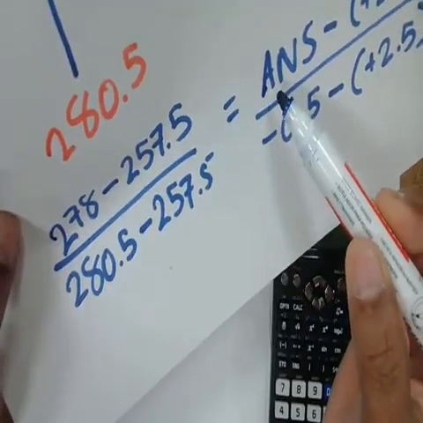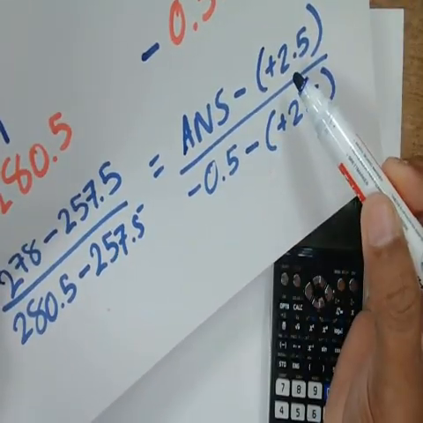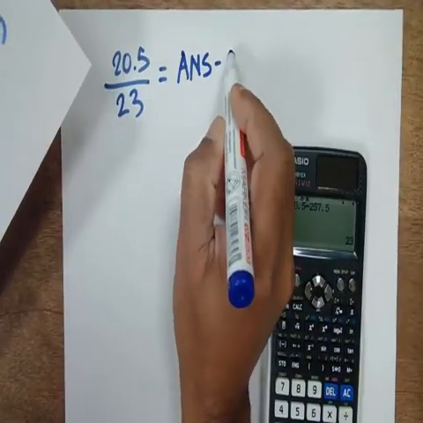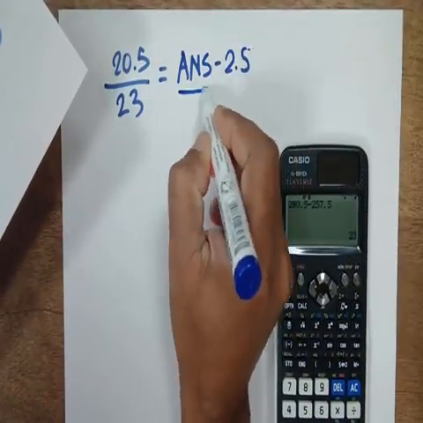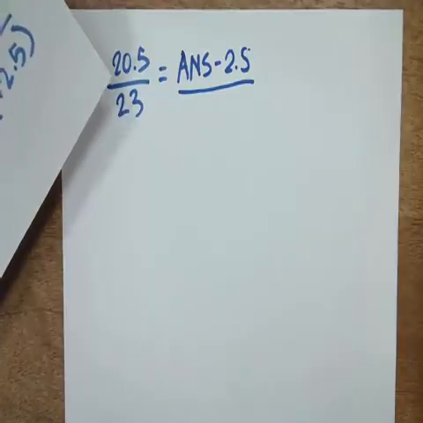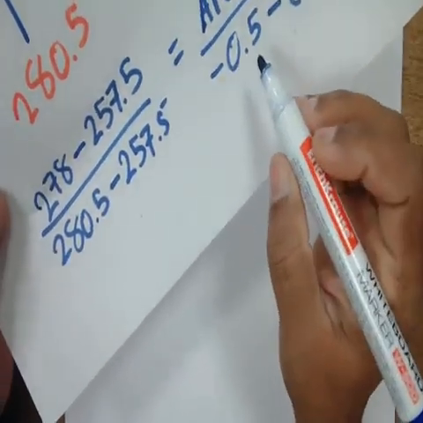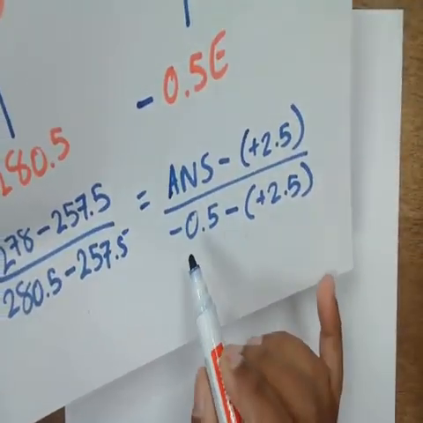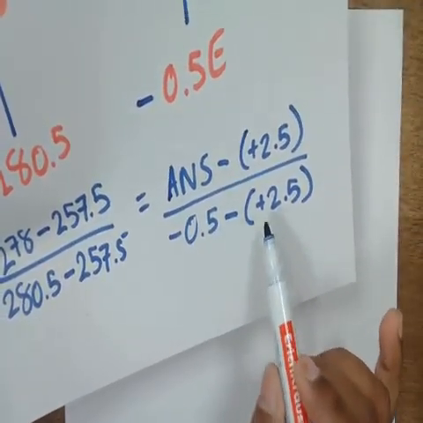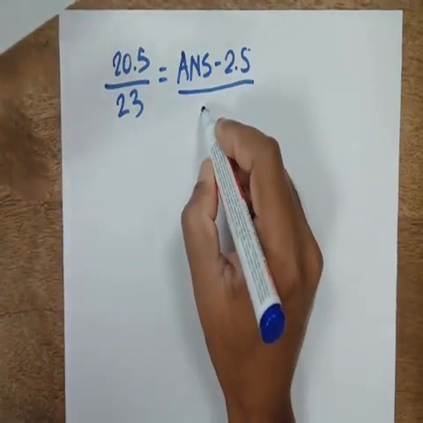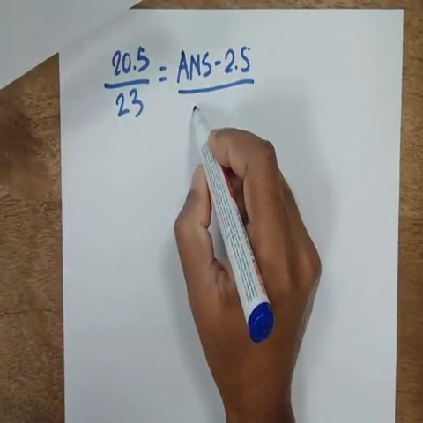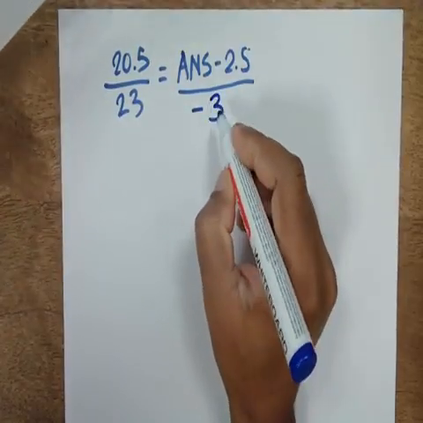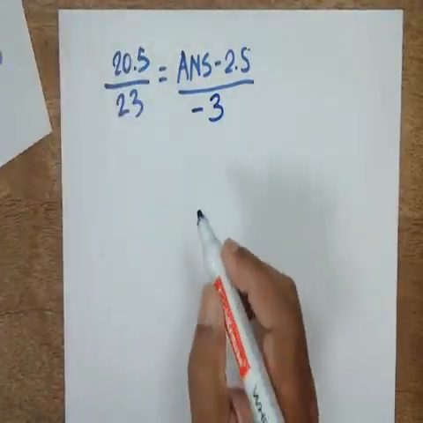Equals answer minus 2.5 divided by, here you can see minus 0.5 minus 2.5. So that is minus 3. So let's find the answer here.